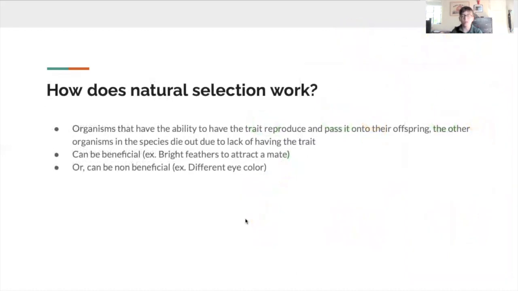Now, the third topic we'll be going to is how does natural selection work? So, organisms that have the ability to have the trait reproduce and pass it on to their offspring. The other organisms in the species die out due to lack of having the trait. So, basically, what that means is if an organism gets a specific trait that helps it survive in its environment, then it is likely that it will pass it on to its offspring.